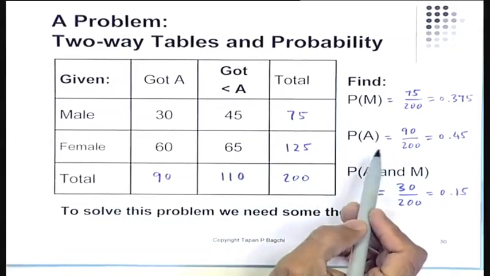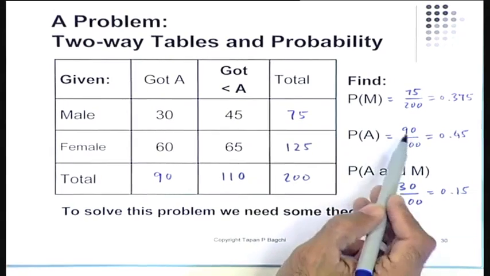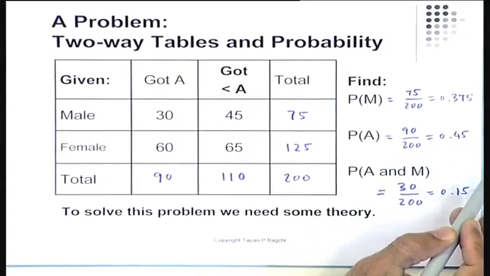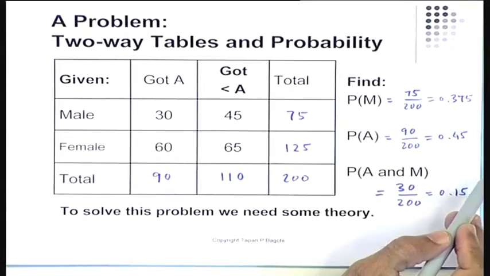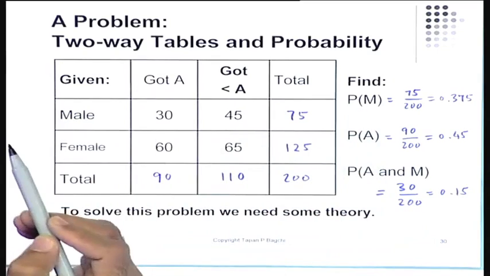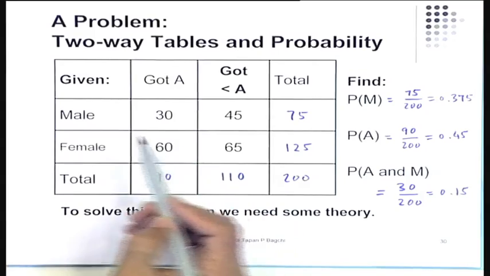So if I now look at the probability I'm trying to find out, the probability of A, the probability of a randomly picked student scoring A, that's going to be 90 divided by 200, and that's going to be 0.45. Now the probability that the randomly picked student turns out to be a male. How do I find that?